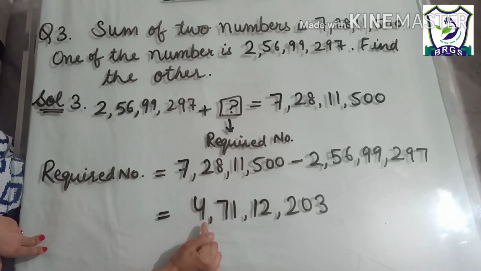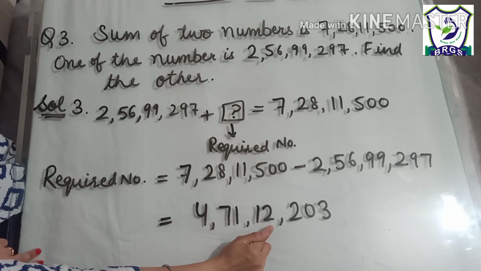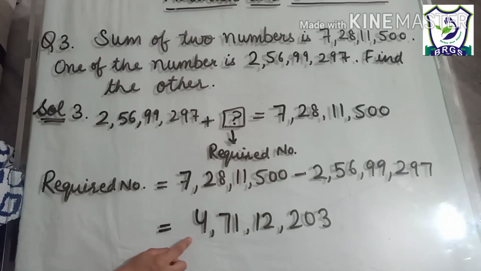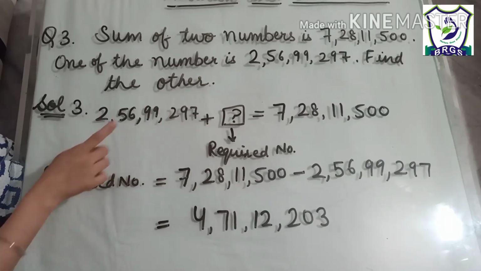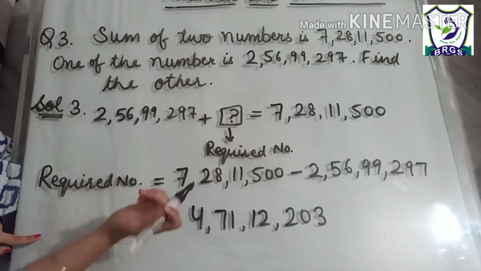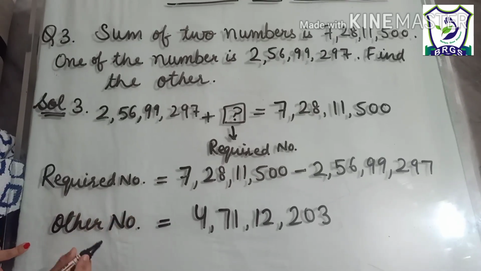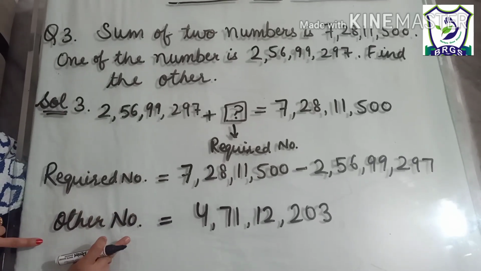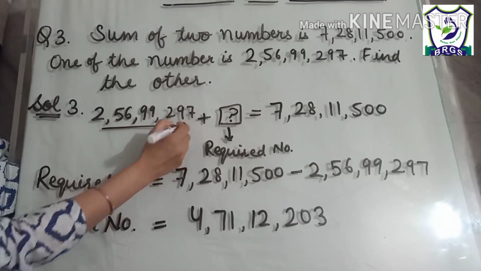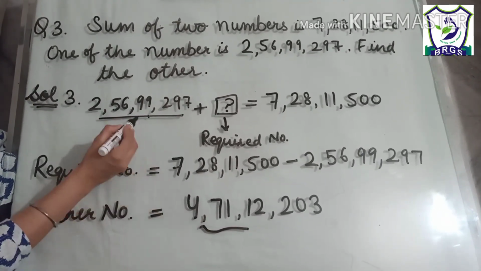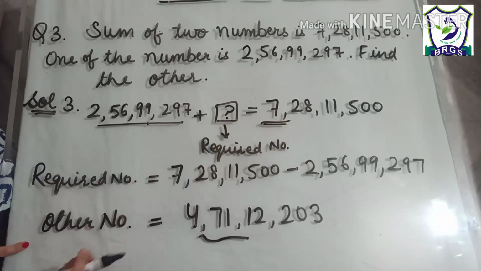This is 4 crores 71 lakh 12,203. This is our required number. This is our other number also. We can say this as a required number, or we can say this as our other number which we have to find. And whenever we add this number with this number, we always get this number.